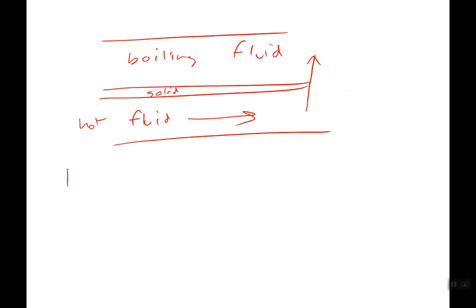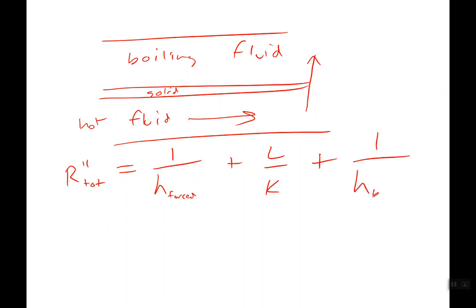So our total thermal resistance per unit area would be something like 1 over h for this forced convection, plus L over k, plus 1 over h for the fluid that is boiling.